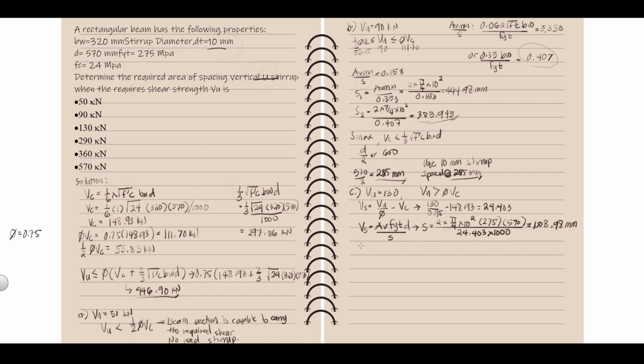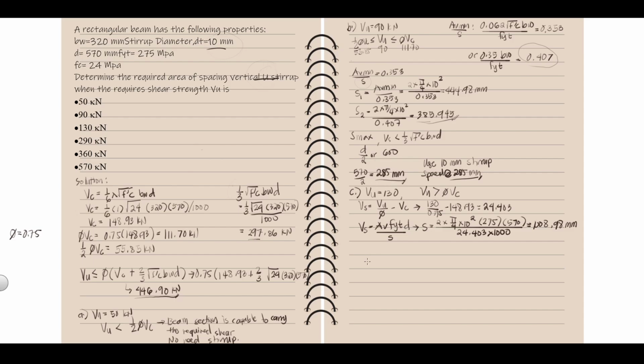Okay? So, our VS falls under the condition that is less than the 1/3. Okay? So, 297 po itong value na to. So, 24.4 lang. So, less than siya. So, our S max is this value, 285.